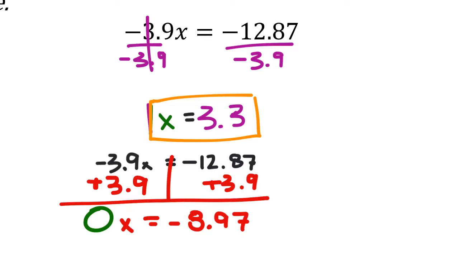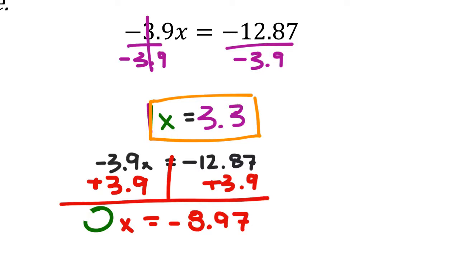Let me rephrase that. There's nothing, because 0 is nothing, right? Nothing equals negative 8.97. Now, you guys will go into this more detail in 980, but this can't happen. This 0x thing. Now, again, that's just noticing that negative 3.9 plus 3.9 is 0.